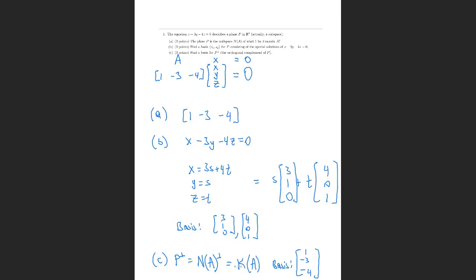Okay, so there were these orthogonality relations between the fundamental subspaces of a matrix. In general, the row space and the null space were orthogonal complements.